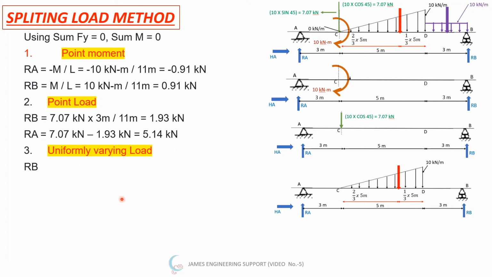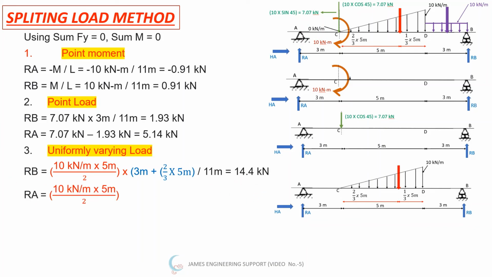Next we will consider the uniformly varying load. So we will consider RB, which will be equal to 10 kilonewton per meter multiplied by 5 divided by 2, which is the total load. Then we will multiply it with the lever arm, that is 3 meter plus 2/3 of 5, and then we will divide it by the total length of the beam, that is 3 plus 5 plus 3, that is 11 meter, and this will provide us the RB as 14.4 kilonewton.